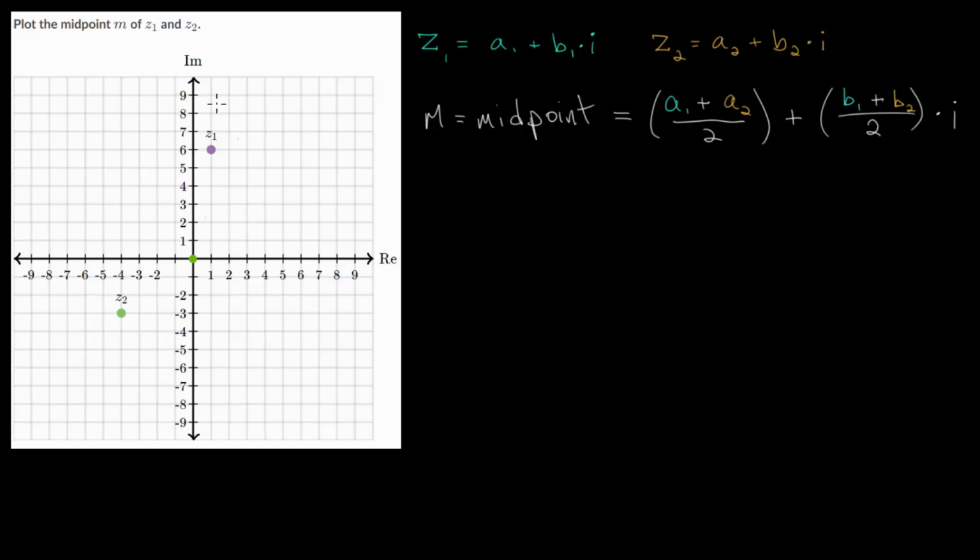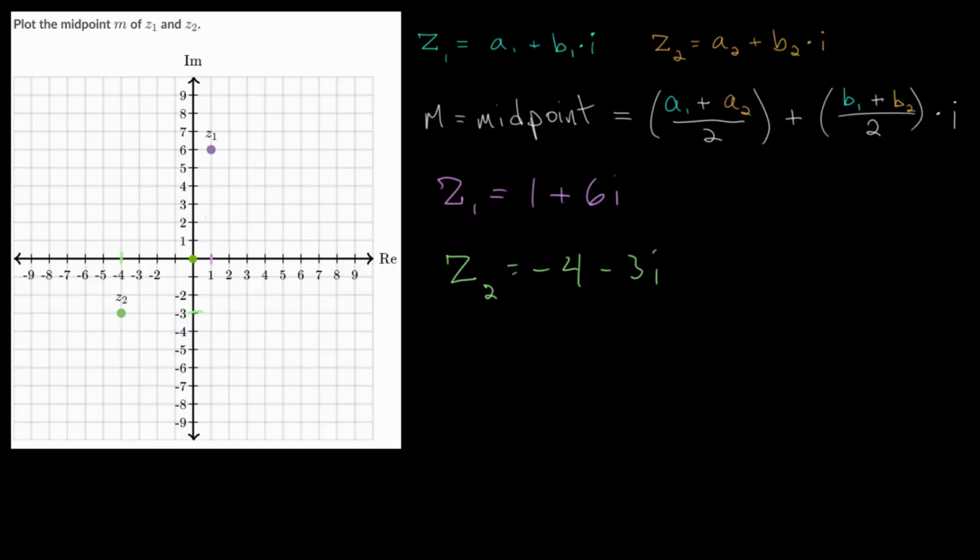And we can start by rewriting each of these complex numbers in terms of their components. We have 1 for the real part of z1 and 6i for the imaginary component. And for z2, we can notice that it has a real part of -4 and an imaginary part of -3i.